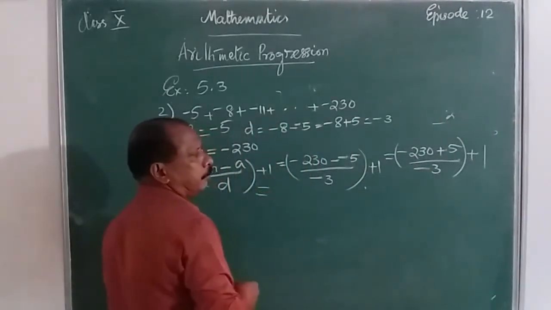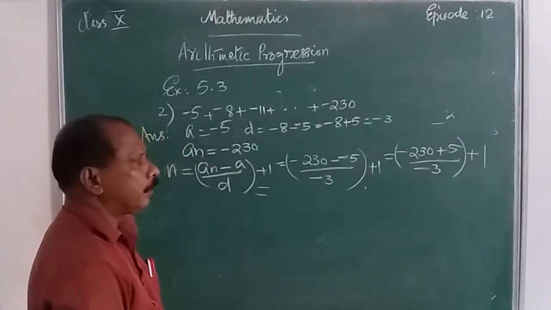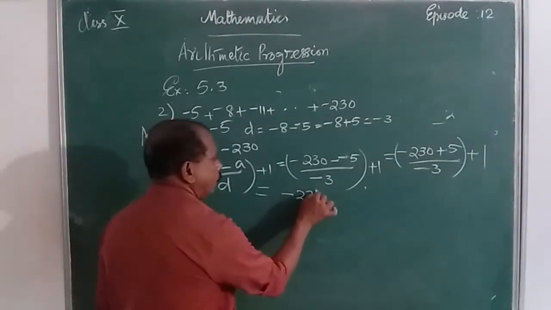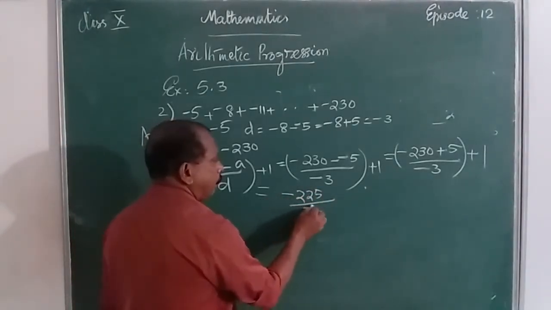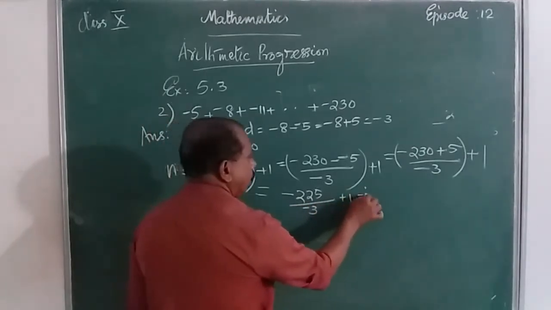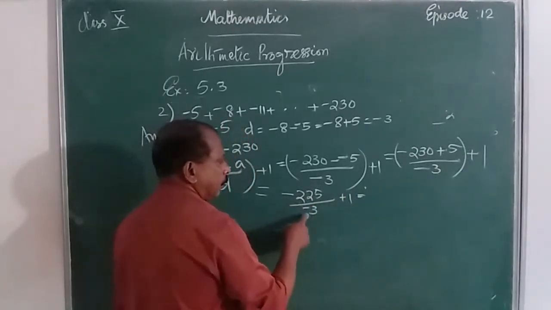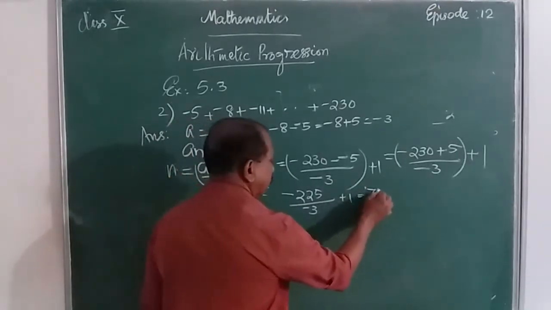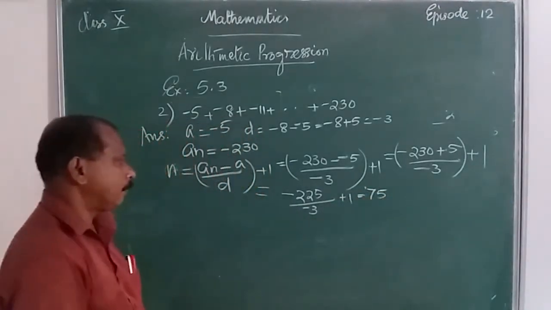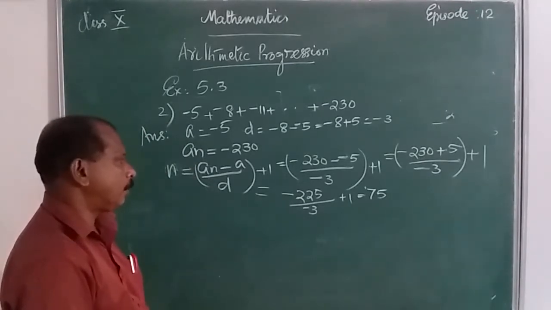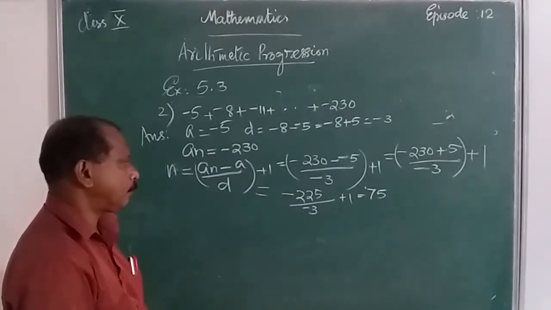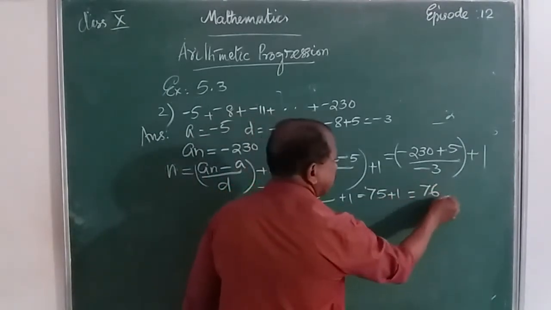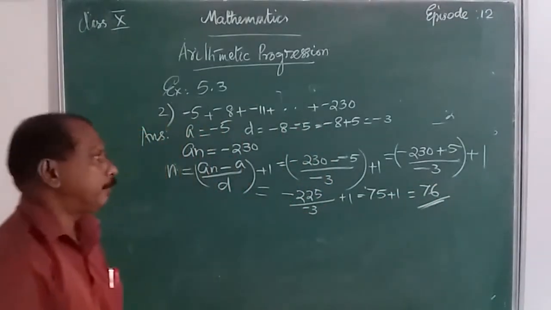That is minus 225 divided by minus 3 plus 1. Minus by minus is plus. 7 3s are 21. That is 75, plus 1 is equal to 76. That is the number of terms.